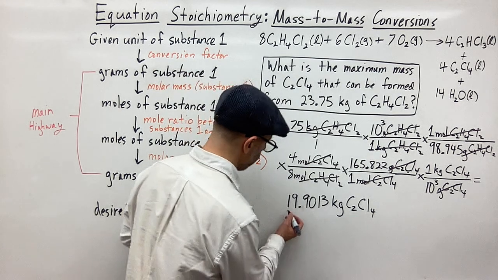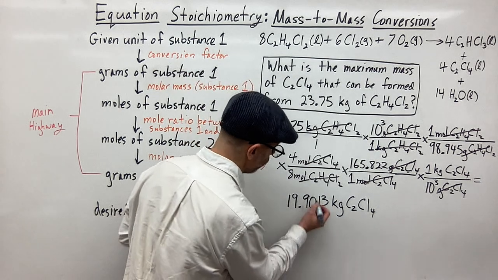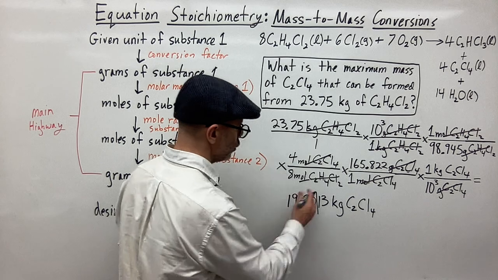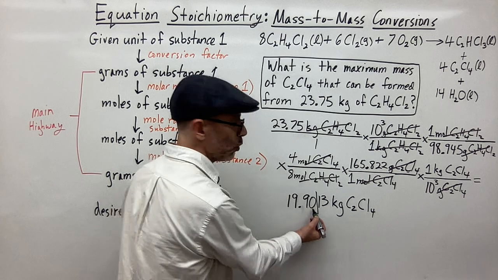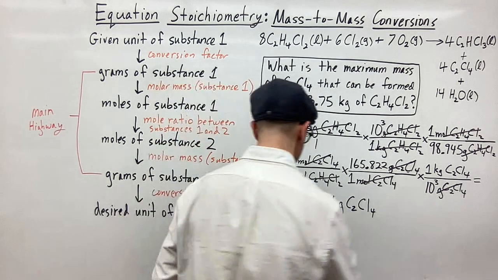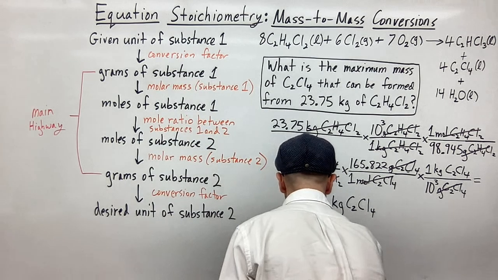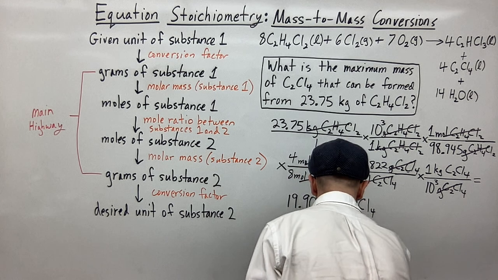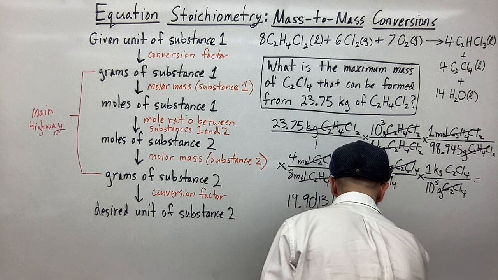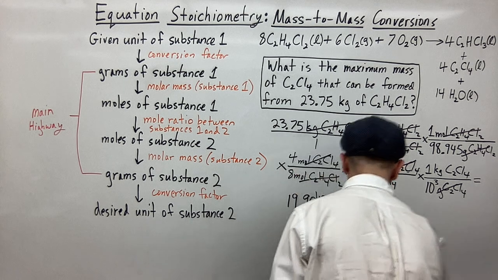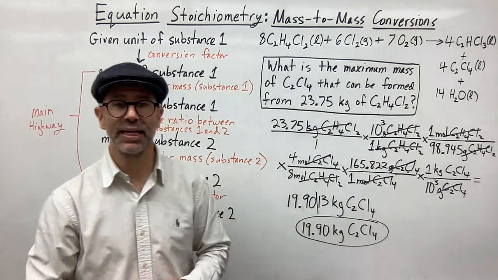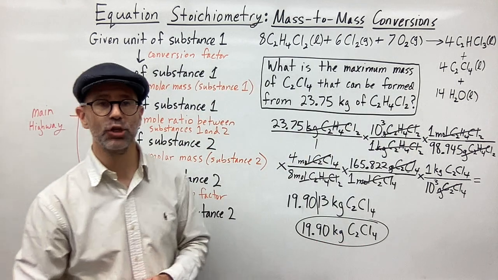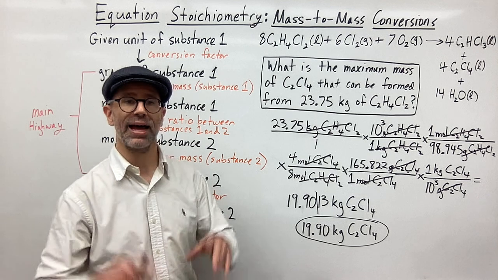And so we got 1, 2, 3, 4. So we're going to have to cut it off there, drop that. This is a 1, so we don't need to round the 0 up. So the final answer would be 19.90 kilograms of C2Cl4.